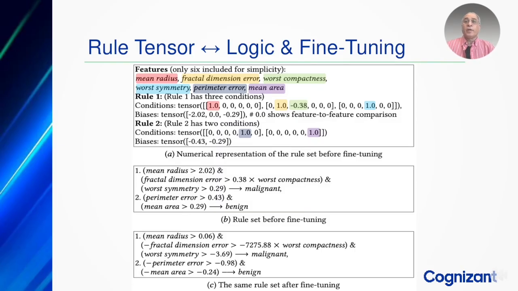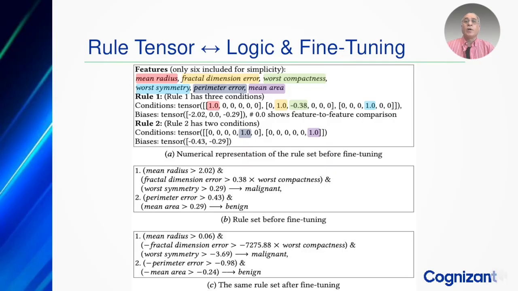This is a simplified hypothetical example based on the UCI breast cancer dataset. For demonstration purposes, we've selected just 6 features to illustrate how two sample rules are encoded into tensors. The colored boxes are included to help visually trace how each component of the rule maps into the tensor representation.